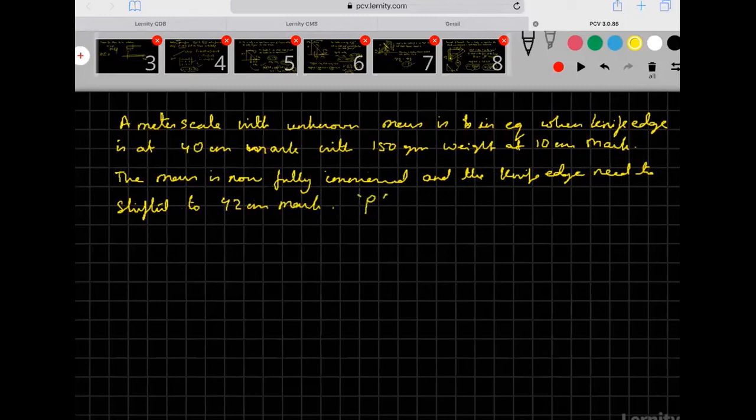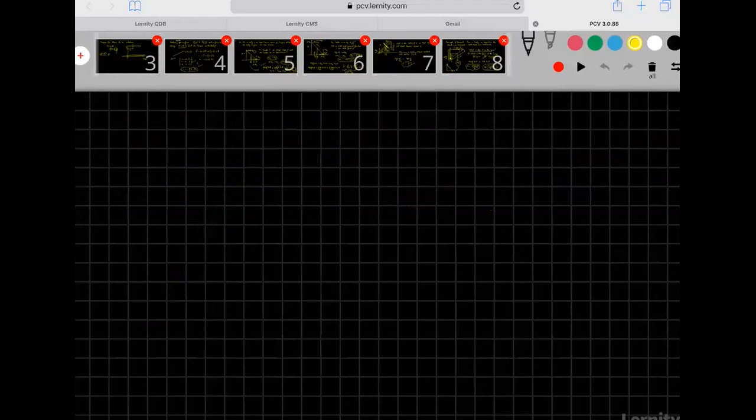The question is, find the density of the mass. So here the first one is given so that you find out the mass of the scale, and the second one is given so that you find out the loss of mass. So 150 divided by loss of mass will give you the density. Only with respect to water, with respect to other things, it won't work out. Okay, so fine. So these are the first kind of questions.